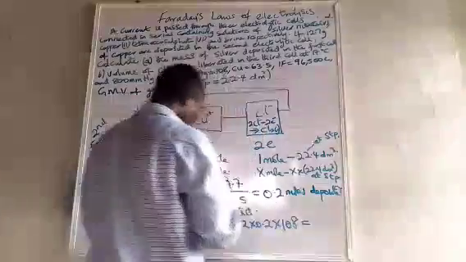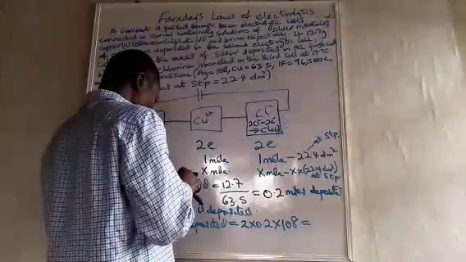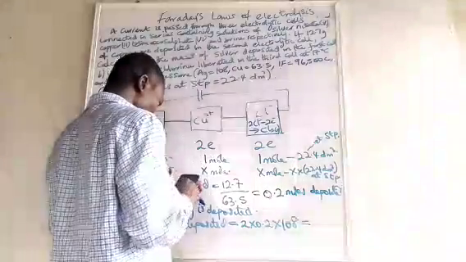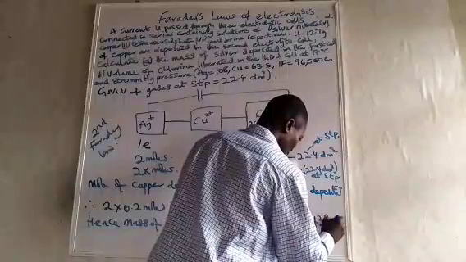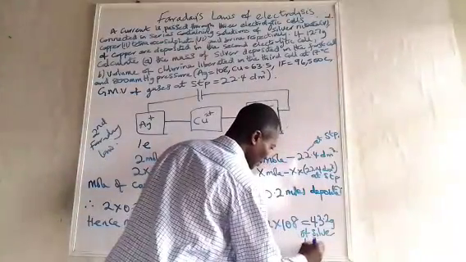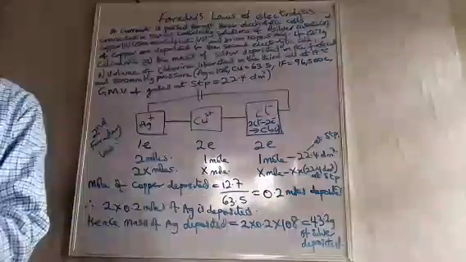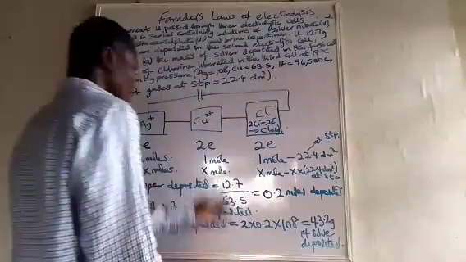And that gives us 43.2 grams of silver deposited. So that gives us 43.2 grams of silver deposited.